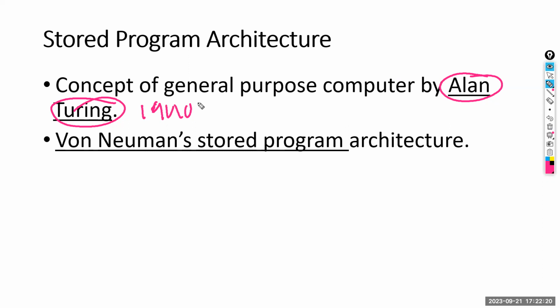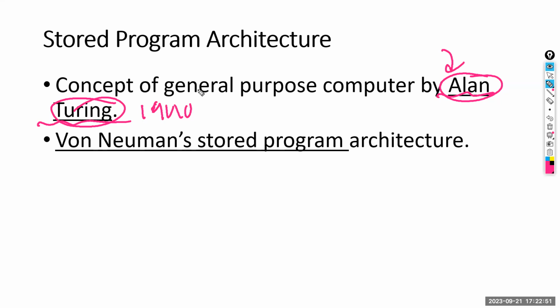Then Alan Turing, a British mathematician and computer scientist, proposed: why don't we build a computer capable of processing anything that is computable, in one computer, in one processor? This concept came from Alan Turing, which is why he is a very famous person in the history of computing.